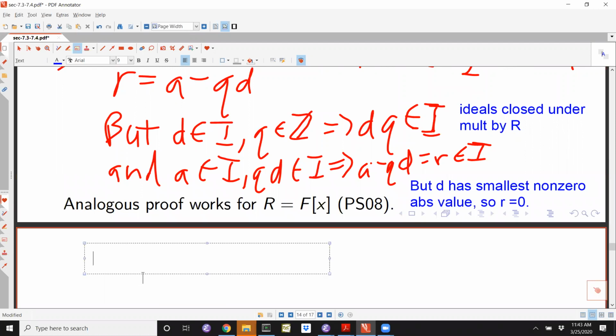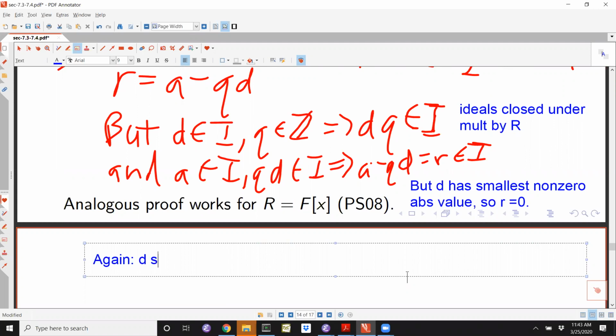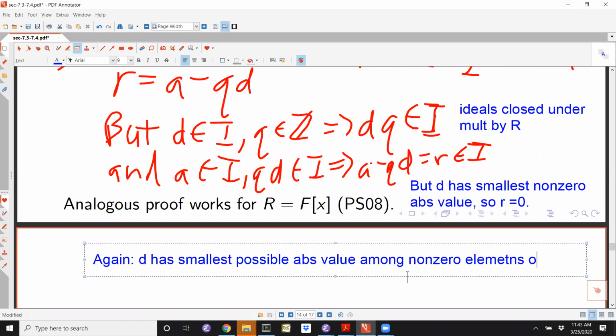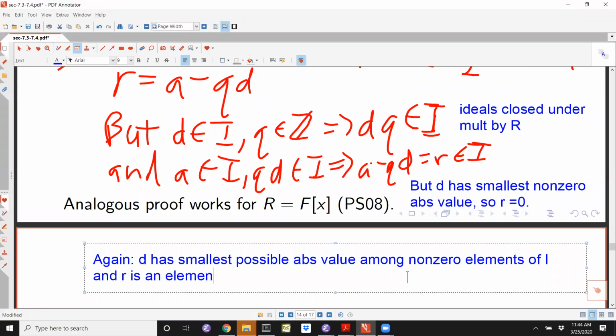So let me say that again at somewhat greater length, because I was just trying to cram that into the end of the page. Again, d has the smallest possible absolute value from among non-zero elements of our ideal I, and r is an element of I with a smaller absolute value than d, so r must be equal to 0.